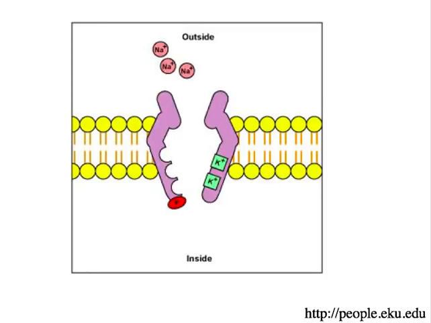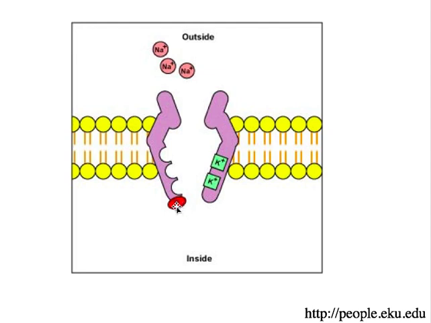This is one that you probably learned in general biology, the idea of the sodium potassium pump. The sodium potassium pump is a protein for which shape is crucial. The shape of the protein, in this case, allows you to have a binding region for the phosphate that comes from the ATP that activates it.